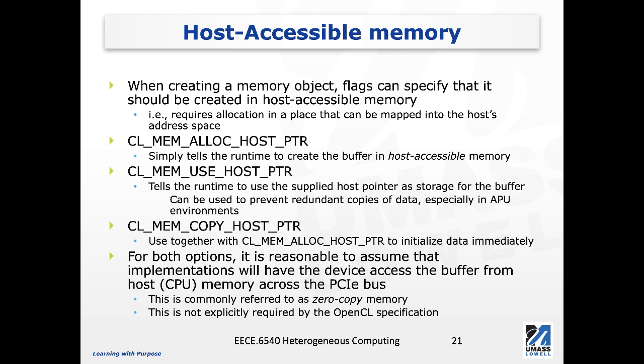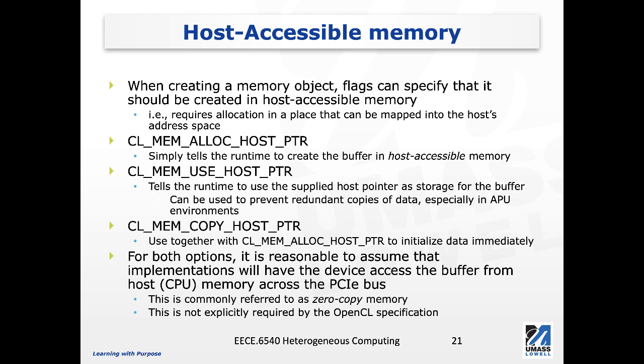CL_MEM_ALLOC_HOST_PTR tells the runtime to create a buffer in host accessible memory, whereas CL_MEM_USE_HOST_PTR tells the runtime that it's going to use the supplied host pointer as the storage for the buffer. And this will prevent redundant copies of data, especially in the APU environment.